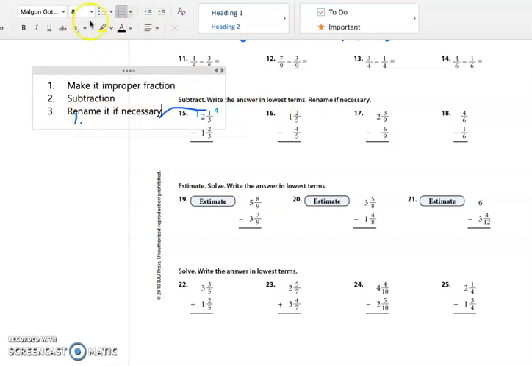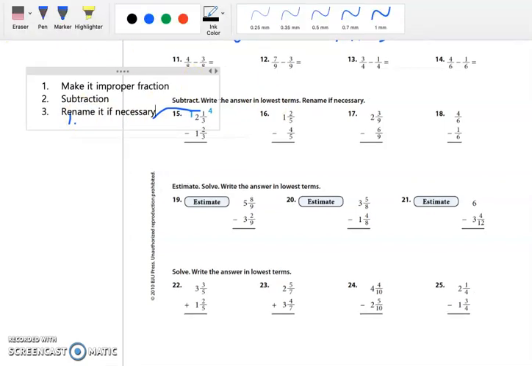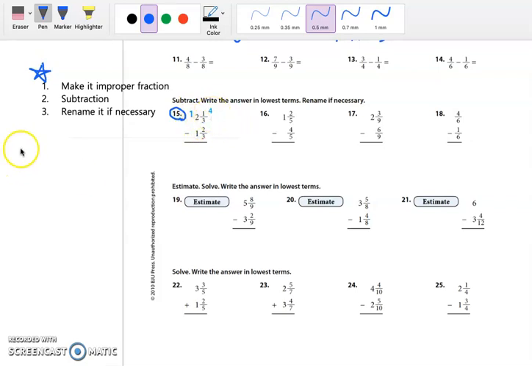So let's do this together. Remember the steps. Here is my step. When we're doing number 15, I'm going to make my first fraction improper. You can either make both improper or just one.